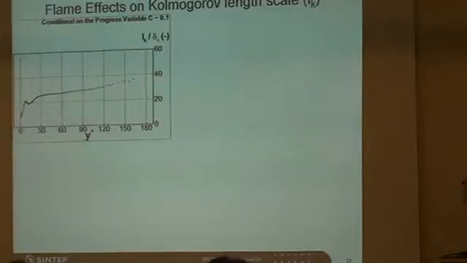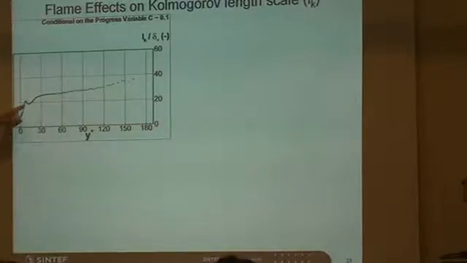Just preheating. So here we see the effect. This line is for the progress variable 0.1, so it's very early in the reaction, and you see the Kolmogorov length scale compared to the viscous scale.